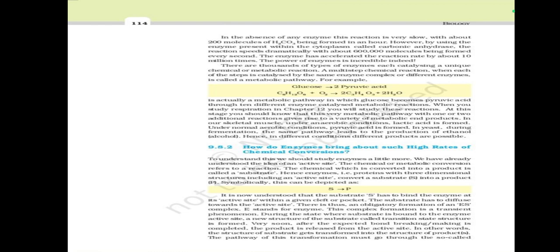The enzyme has accelerated the reaction rate by about 10 million times. The power of enzymes is incredible indeed.